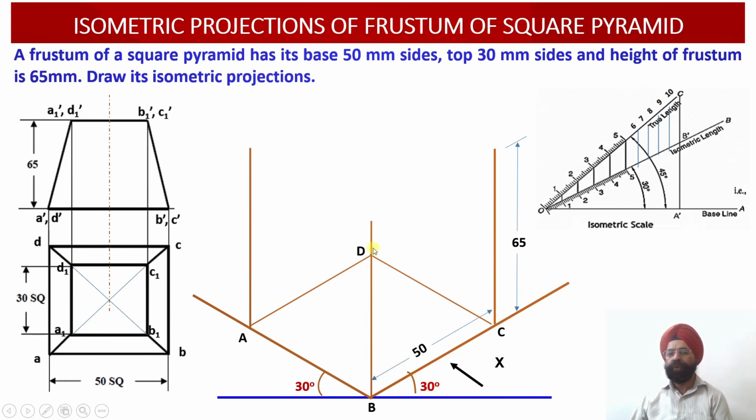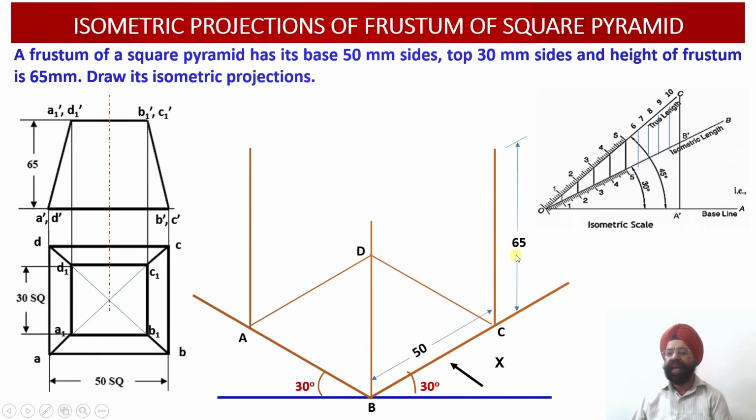Now we have to draw the top face of this particular frustum of the square pyramid. In order to draw this frustum, first of all, I need to draw a square prism, right? And the height of the square prism will be equal to the height of the frustum that we have obtained. So the height of the frustum is equal to 65 millimeter.